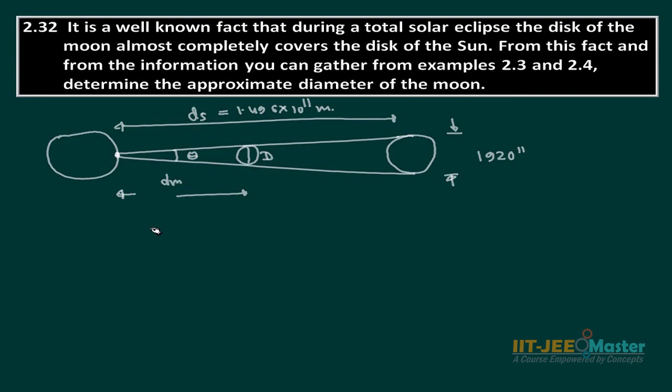Then d by dm will be equal to angle theta, that is equal to 1920 seconds, but we have to convert it into radians.